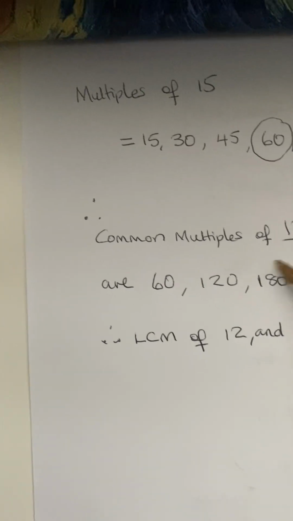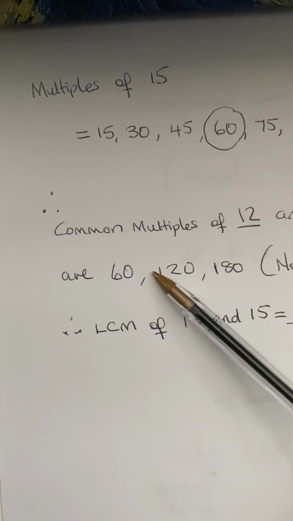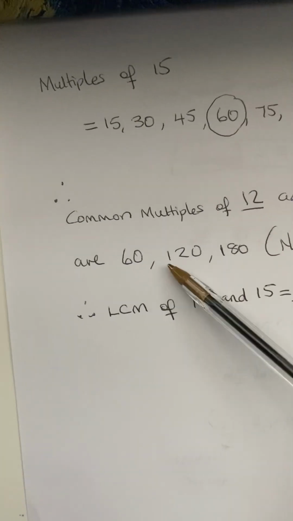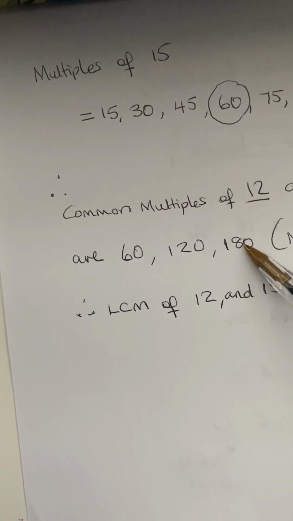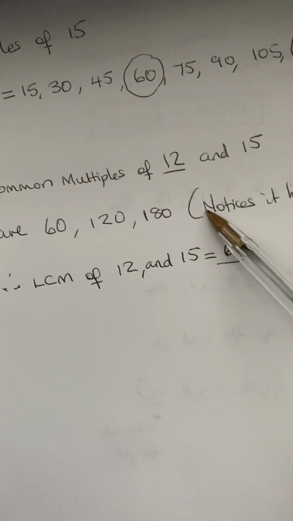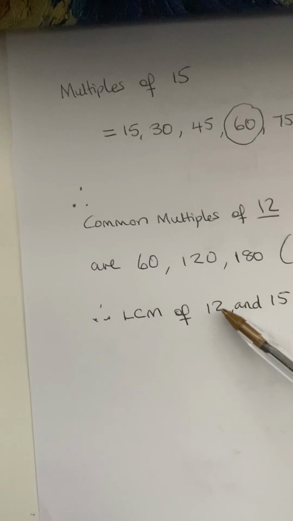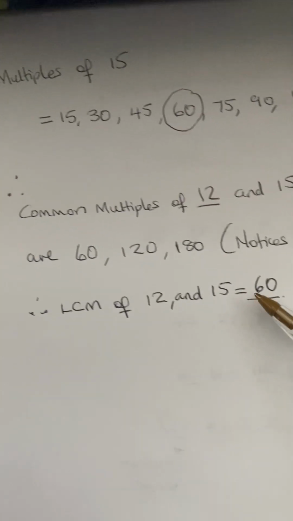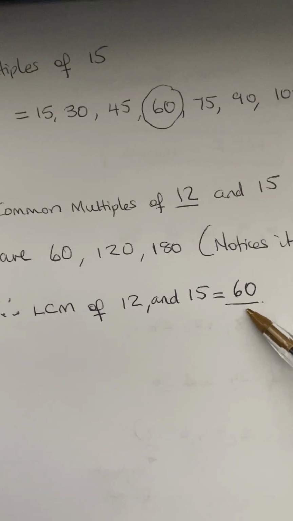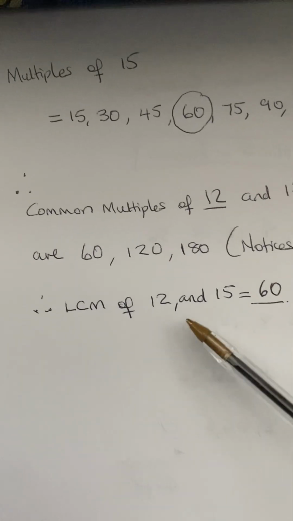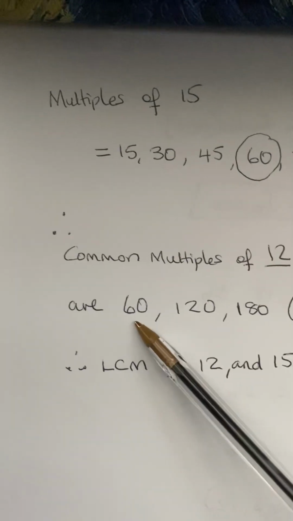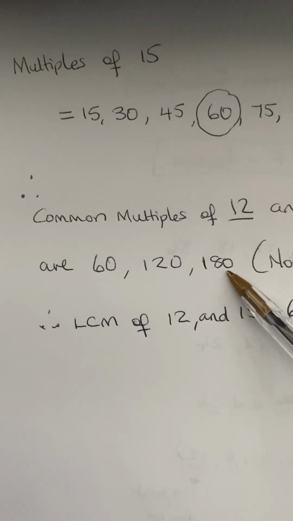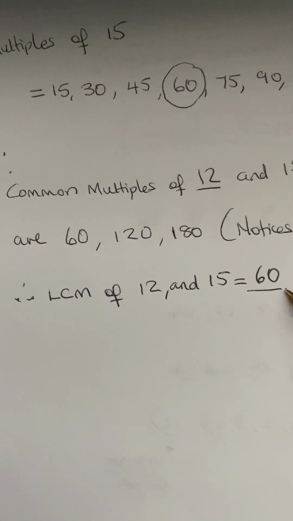If you list the common multiples, there are 60, 120, 180. So you can see that it comes after every interval of 60. So you realize that for the least common multiple, you want the least number, not the highest. The least of 60, 120, 180 is 60.